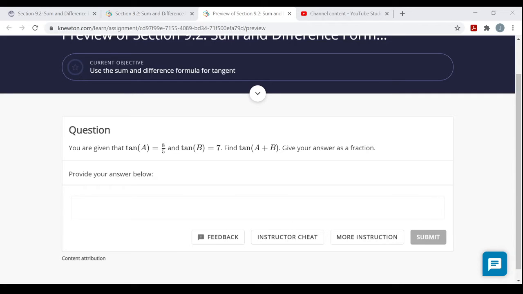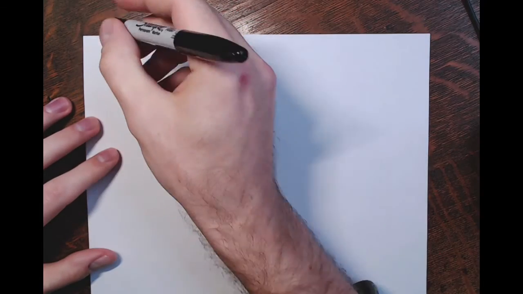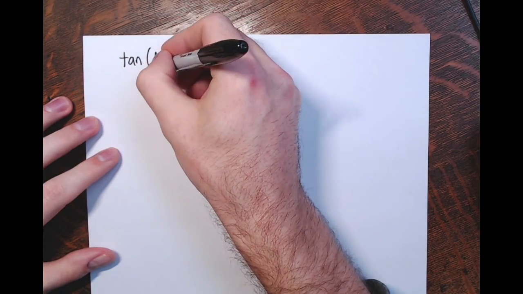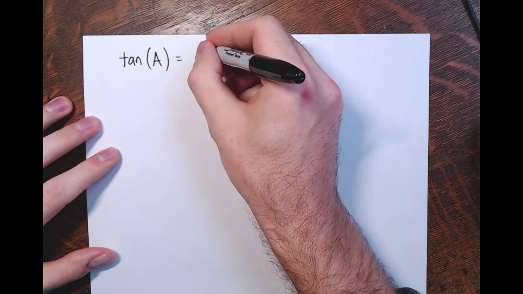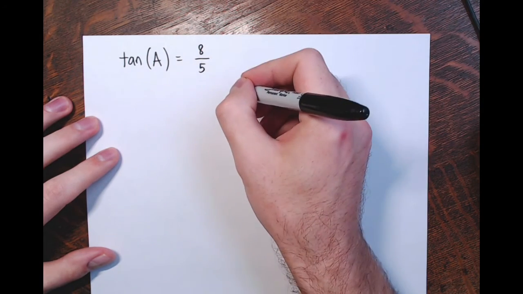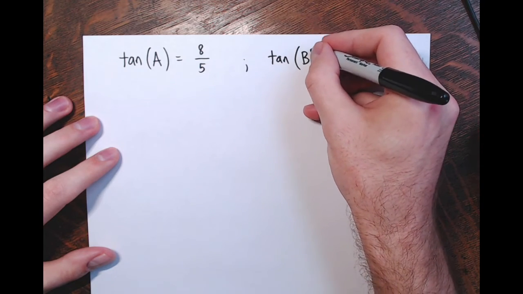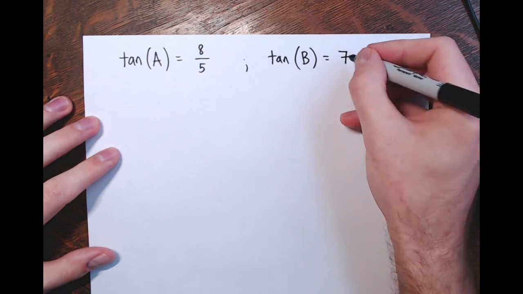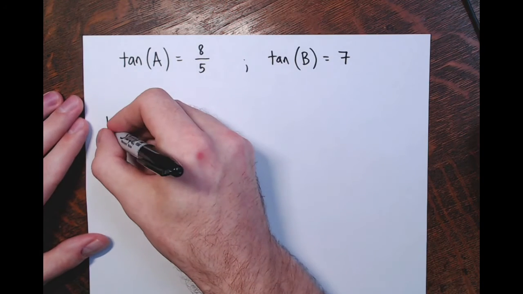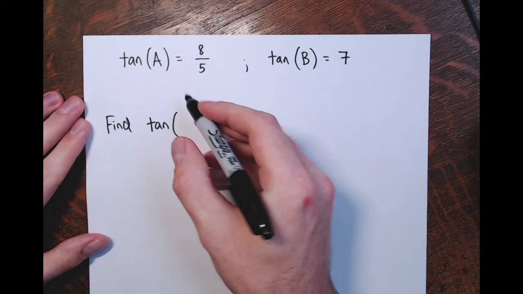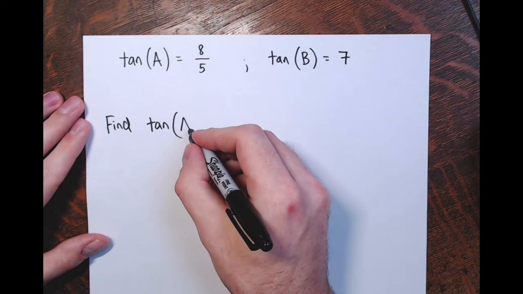We are given that the tangent of an angle called A is 8/5, and the tangent of another angle called B is 7. They want us to find the tangent of the sum of these two angles.